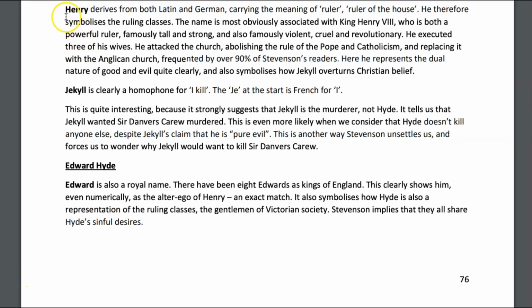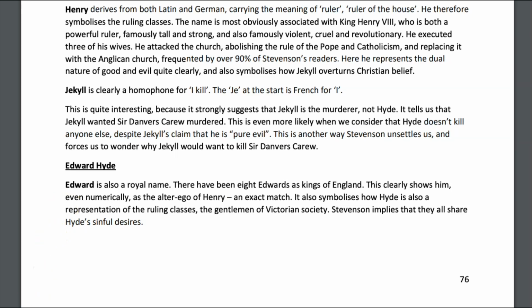And so when he portrays Henry Jekyll in a negative light, and when he portrays Edward Hyde in a negative light, he isn't just talking about those 2 characters. He's using them to represent what the British ruling class are like. Hence the reference to royal kings. He's pointing out that the ruling classes are corrupt.